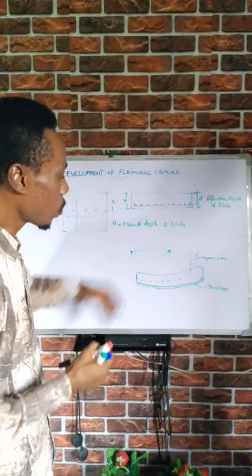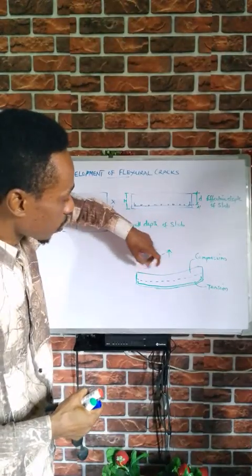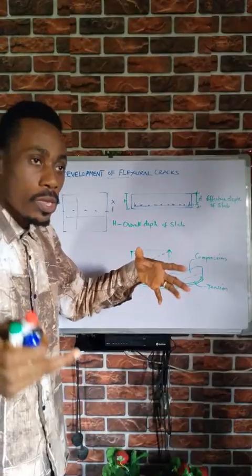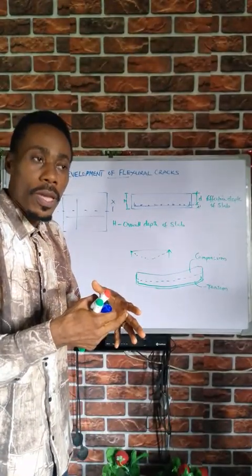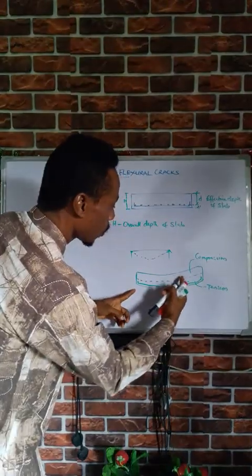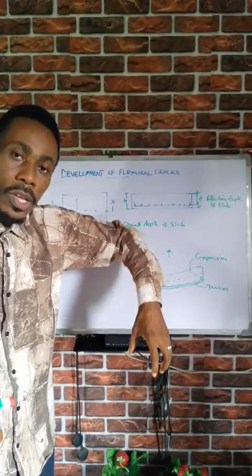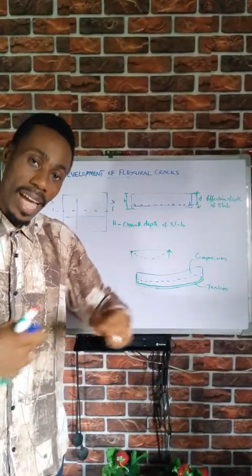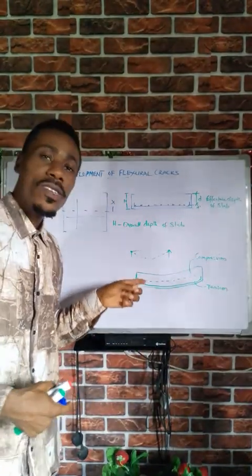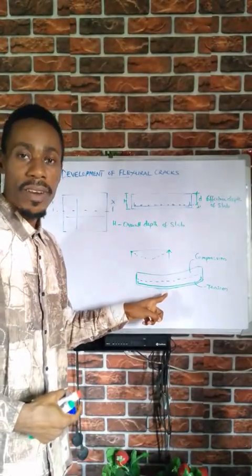The top part, the compressive zone, tends to contract, while the bottom part, the tension zone, tends to increase in length. So the load causes tensile stresses in this bottom reinforcement.